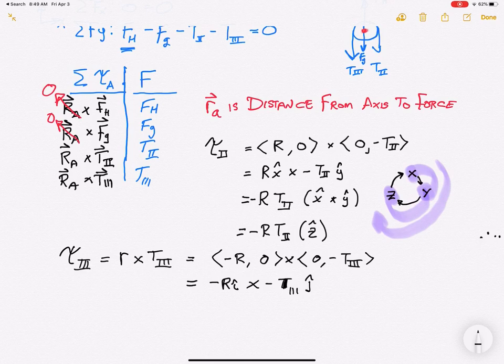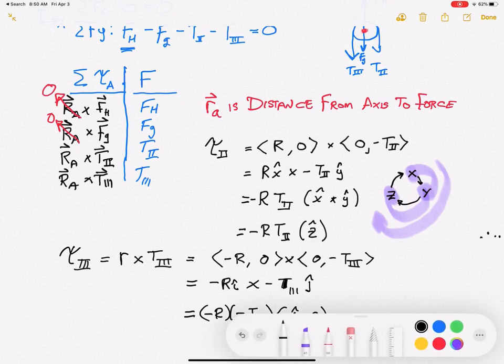Pull out all of the constants. So negative R, negative T3, and we're going to wind up with i hat cross j hat again.